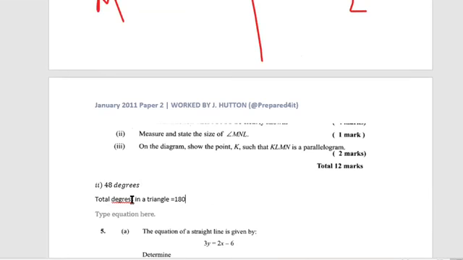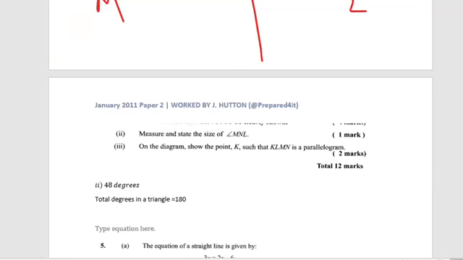So if we know two of the angles, since there are three angles within a triangle, it means that the missing one would just be 180 minus 60 degrees minus 48, and what you'll get is 72, and that will be the angle at L.